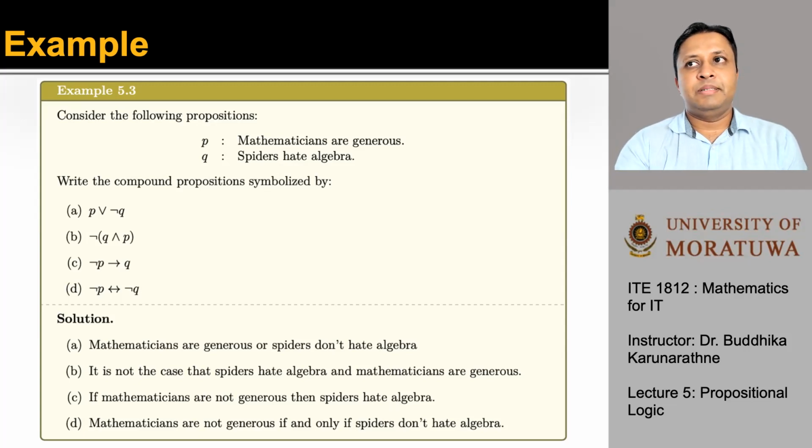If mathematicians are not generous, then spiders hate algebra. Fourth one, negation of P if and only if negation of Q. What does that mean? Mathematicians are not generous if and only if spiders don't hate algebra. So based on the operator, you have to write the corresponding meaning of the statement.